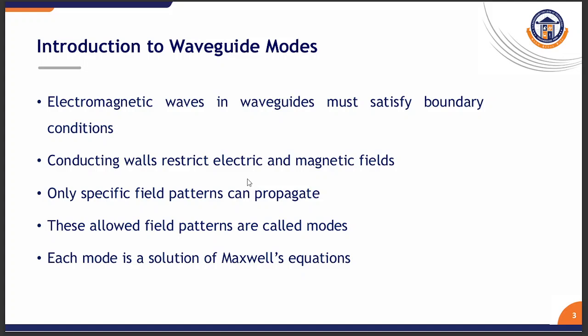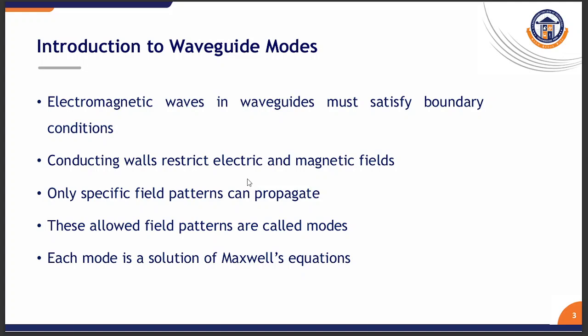So when electromagnetic waves propagate through a guiding structure such as a waveguide or a transmission line, the fields are constrained by the geometry and the electrical properties of the conducting boundaries. These constraints arise from Maxwell's equations and the boundary conditions at the conducting surfaces, which require the tangential component of the electric field to be zero at the walls.